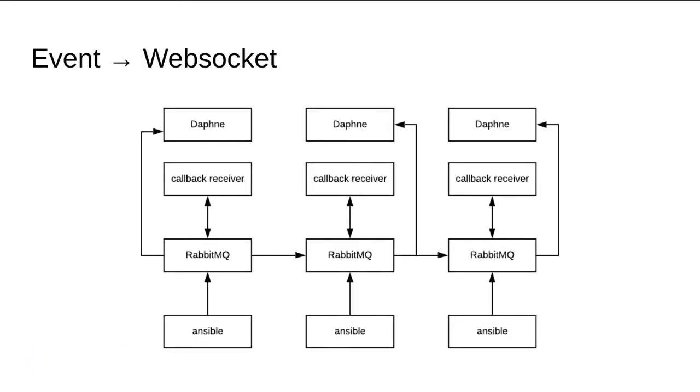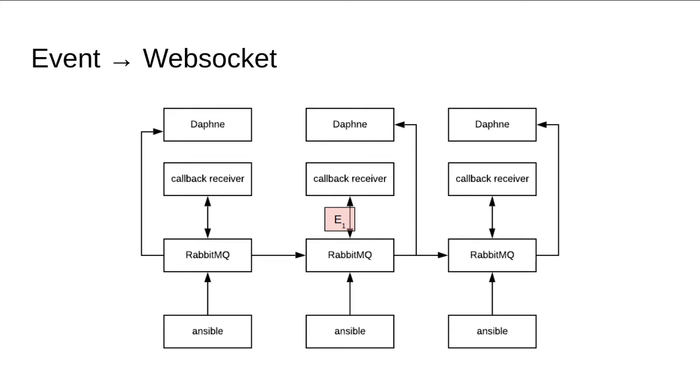Okay, now the life cycle of an event as it's emitted from Ansible and made into a WebSocket, and what that flow looks like. The event emits out of Ansible, and Tower pushes it into Rabbit immediately. That's propagated to all the nodes, so any node can service that particular event, but only one node will.